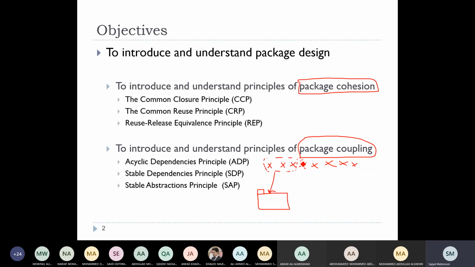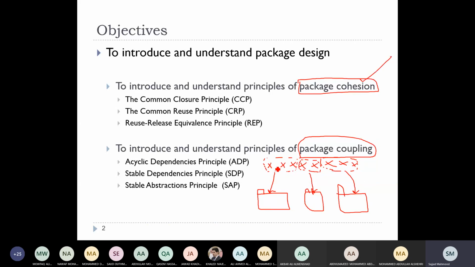And maybe this could be other related classes, and you can group them together into another package. And you have a third package, and these three classes related together are packaged here. Now, how are they going to be related? That was the first question, and this focused on the cohesion concept.